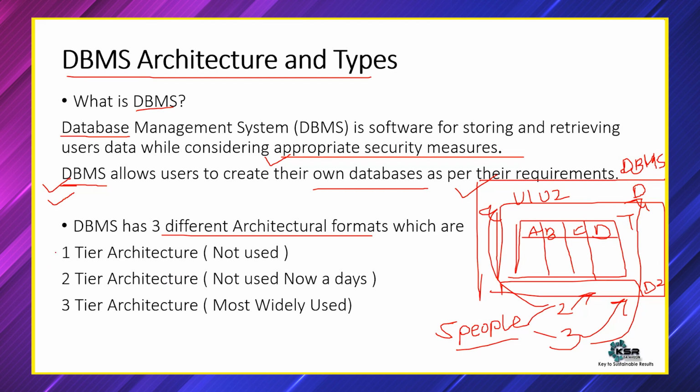The DBMS always started with the historical or legacy system, which is one tier architecture. In simple words, this is nowhere used nowadays. This is purely a historical architecture. They always started with the first tier of architecture. Let's take an example of a library.